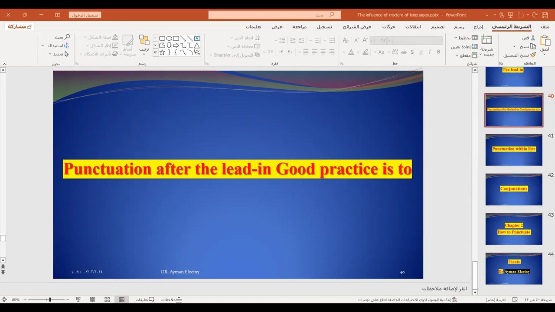Hence, each listed item starts with a lowercase letter, unless, of course, the first word happens to be a proper noun, and there is just one full stop at the end of the list.